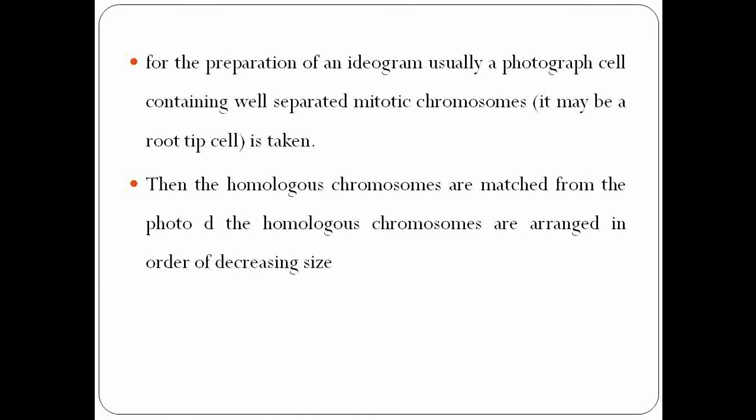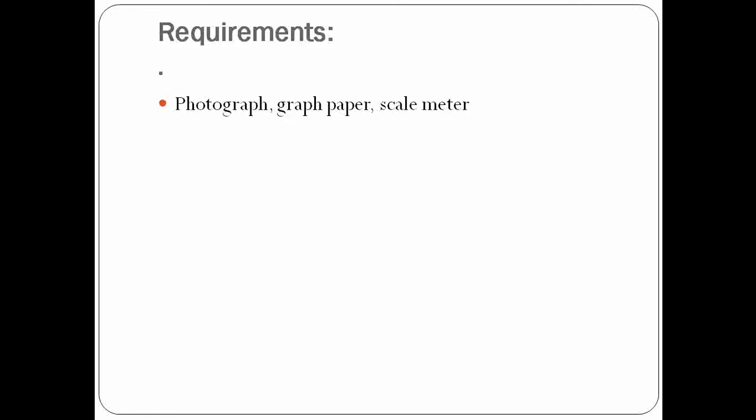This is our first step while performing this practical. Then what we require to perform this practical: the photograph of well separated chromosomes, graph paper to draw the ideogram, as well as a scale to measure the length of the long arm and short arm of the chromosome.